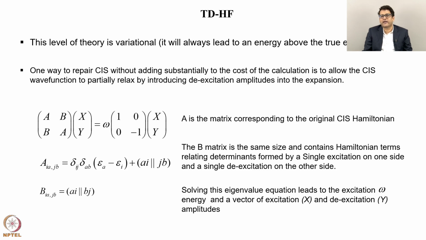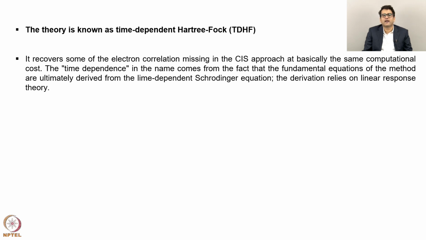Now, solving this eigenvalue equation leads to the excitation energy omega and a vector of excitation and de-excitation amplitudes. Now, this theory is known as time dependent Hartree-Fock. It recovers some of the electron correlation missing in the CIS picture at basically the same computational cost. The time dependence in the name comes from the fact that the fundamental equations of these methods are ultimately derived from the time dependent Schrodinger equation.